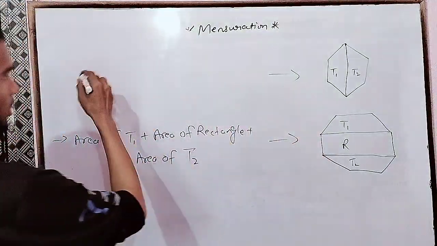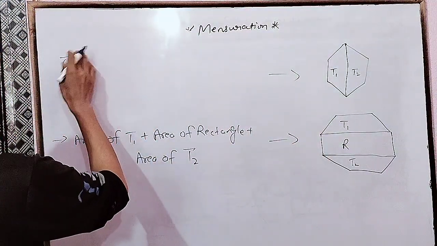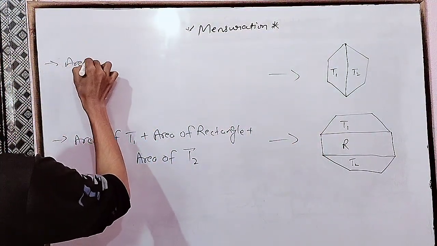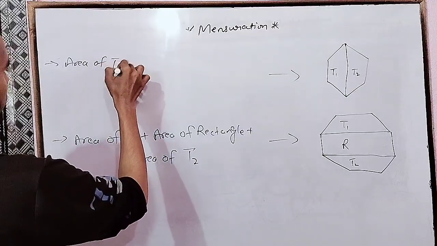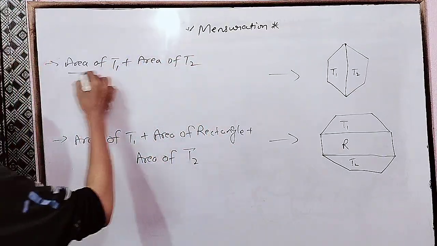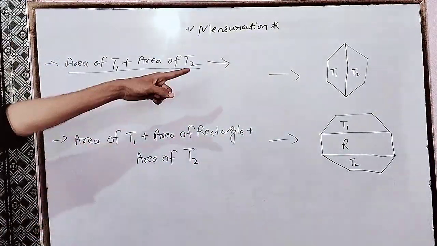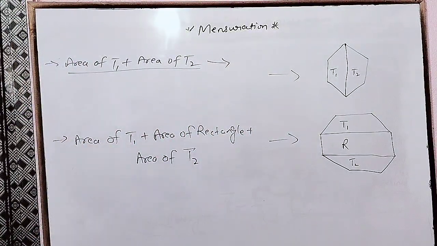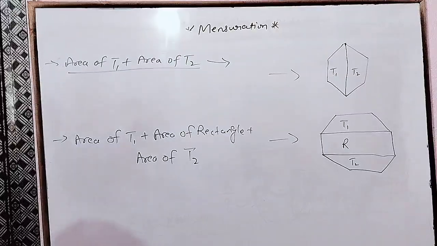This is for this figure, and for this one, area of the first trapezium and area of the second trapezium. This is for this polygon. Just have a look.